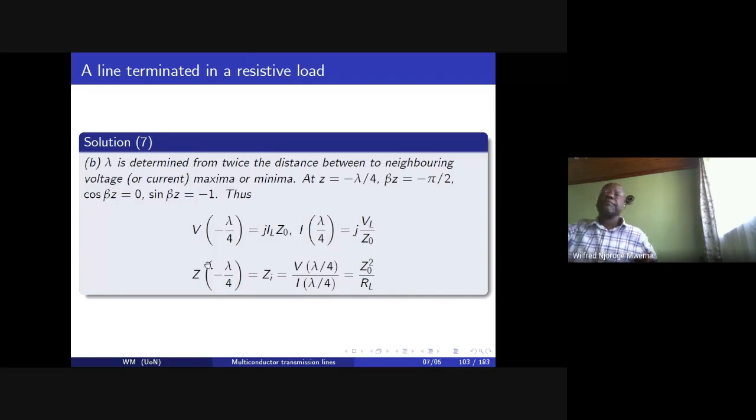So, lambda is determined from twice the distance between two neighboring voltage or current maxima.